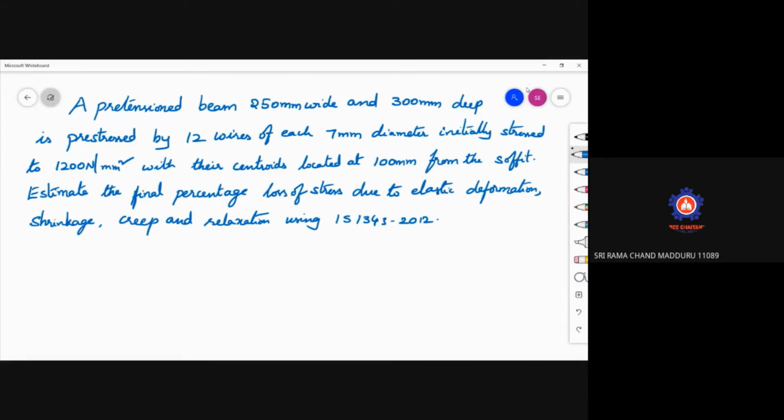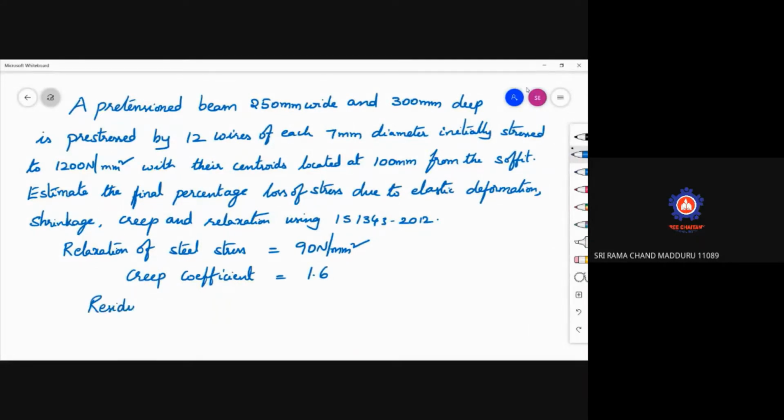So along with this one, certain data is also given. Relaxation of steel stress is equal to 90 Newton per mm square. Creep coefficient is equal to 1.6. Residual shrinkage strain is 3 into 10⁻⁴.